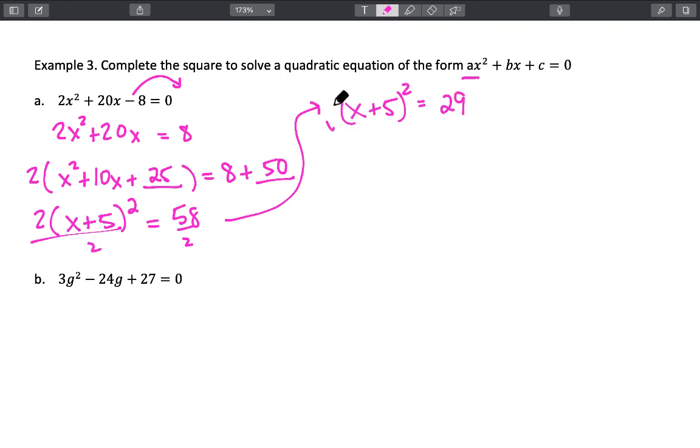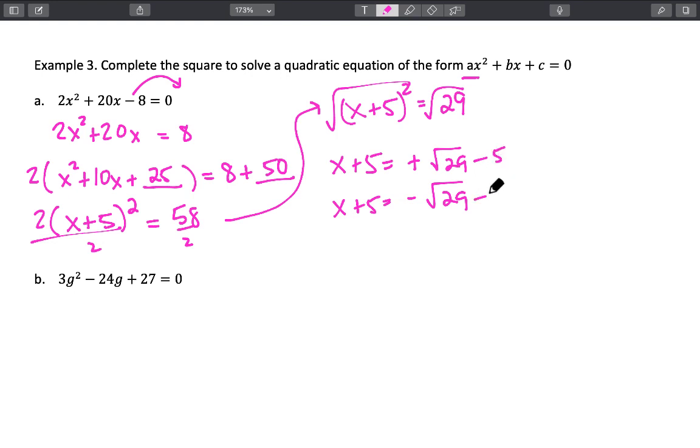Now we're going to take the square root of both sides, and that leaves me with x plus 5 is equal to the positive square root of 29, and x plus 5 is equal to the negative square root of 29. Finally, we're going to subtract 5 from both of those expressions. And when we do that, we're going to use our calculator to evaluate. The square root of 29 minus 5 is going to give us 0.385.